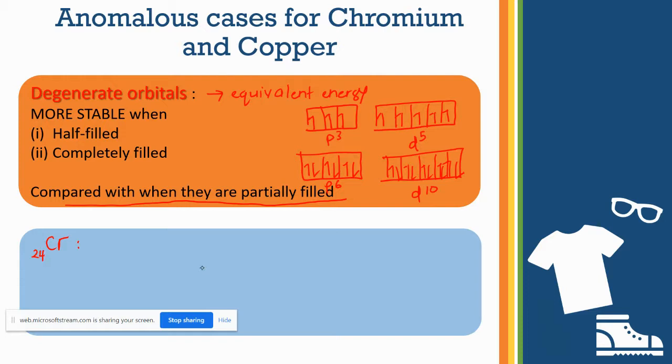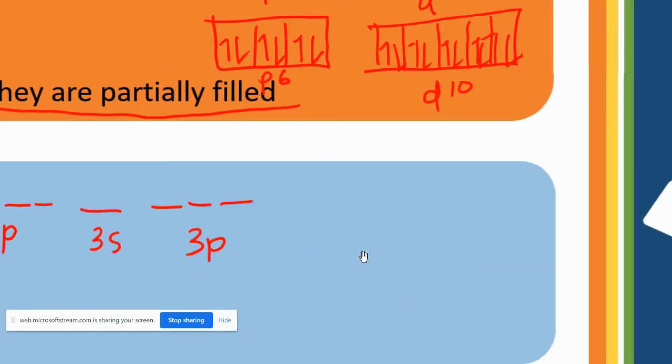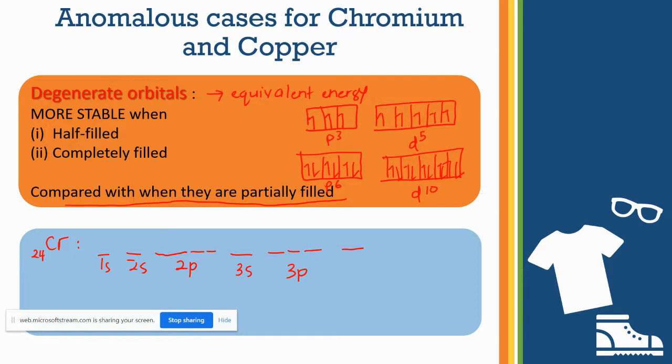If you draw the orbital diagram, you will get something like this. 1s, 2s, 2p, 3s, 3p, 4s, or you can rearrange, no problem. 4s and 3d.